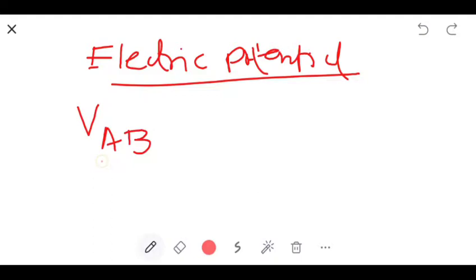VAB is given by B to A, so we have to write it as B to A, not A to B.